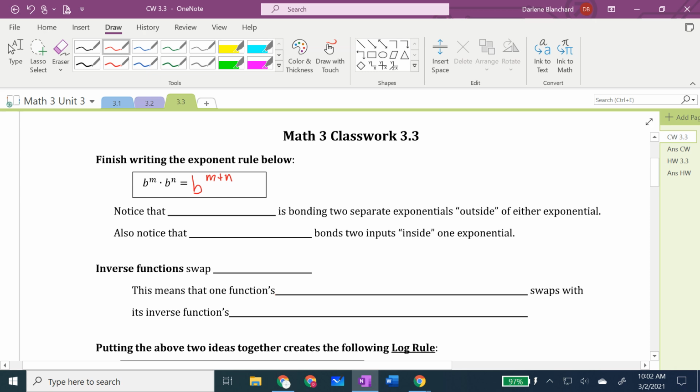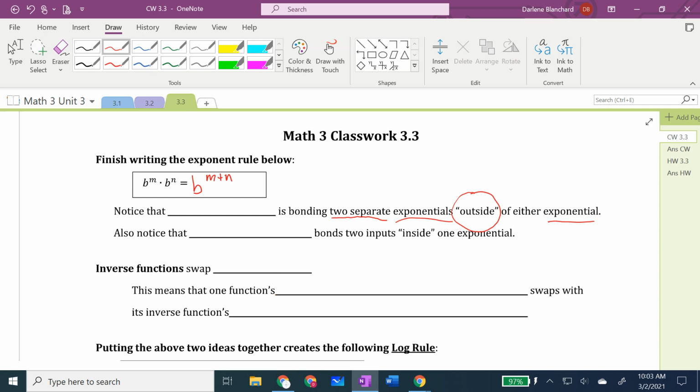Now, very important, very important. There's an operation that is bonding two separate exponentials, and the bond is occurring outside of the exponential. Do you know what operation I'm referring to or where I'm trying to have you look?